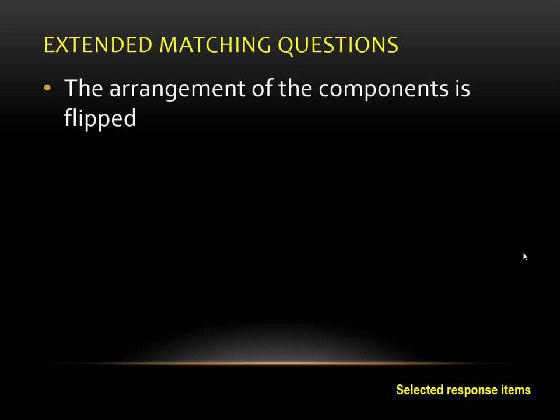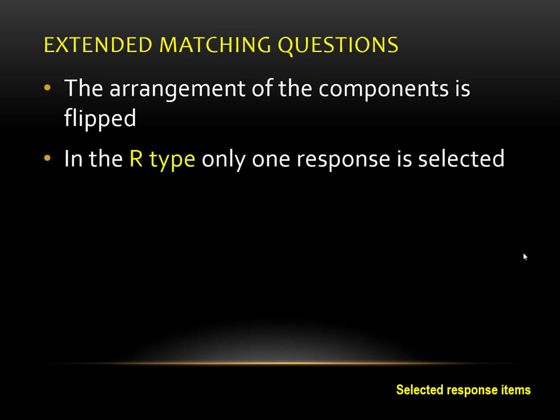Now, in this extended matching question, the arrangement of the components compared to the A-type MCQs is flipped. So in the MCQs, we have the item, the lead-in, then the options. But in the R-type of the extended matching question, only one response is selected.